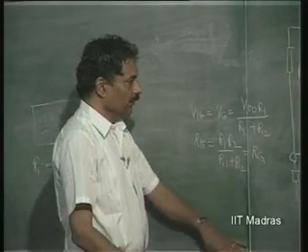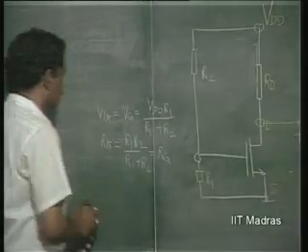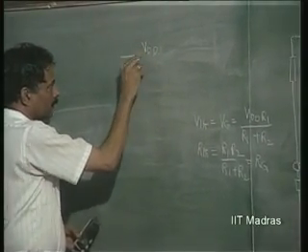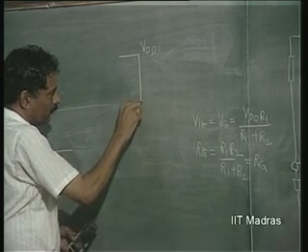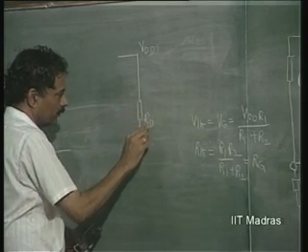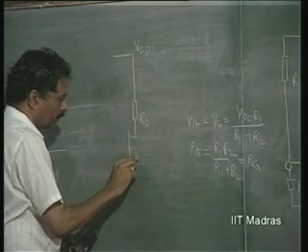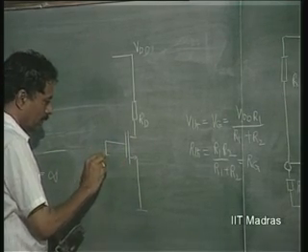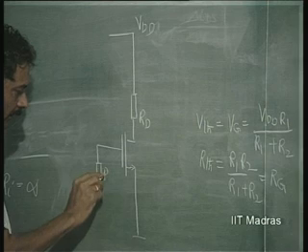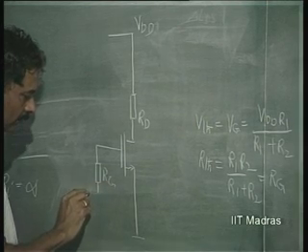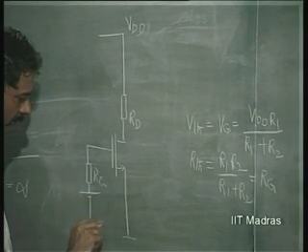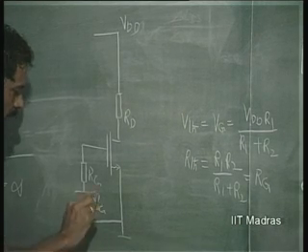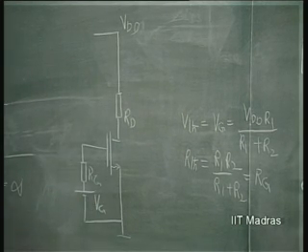So this is equivalent to VDD, then RD, ground, then we have RG and VG as given by this.